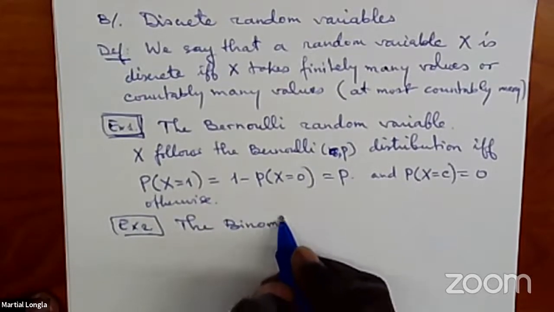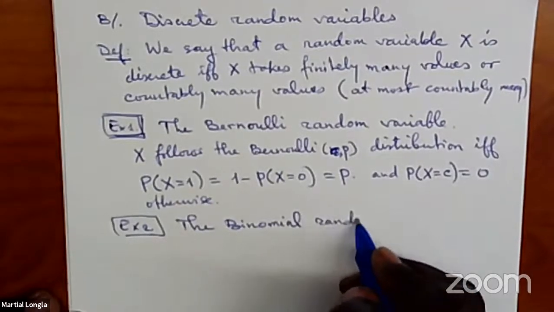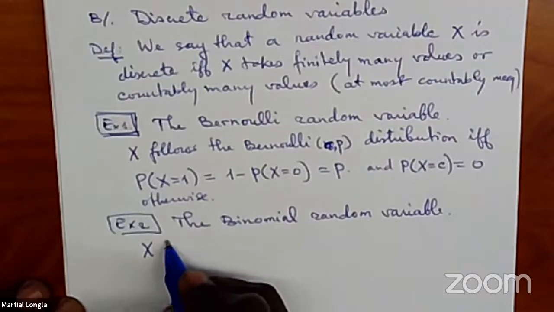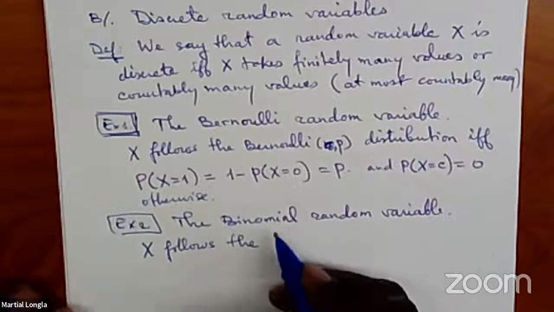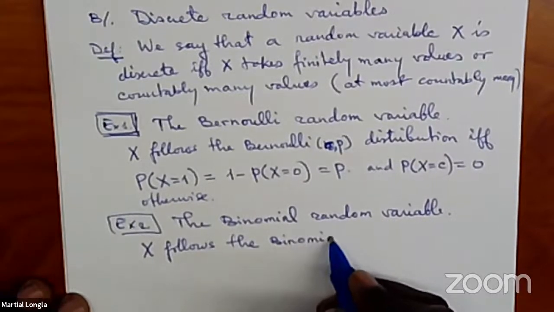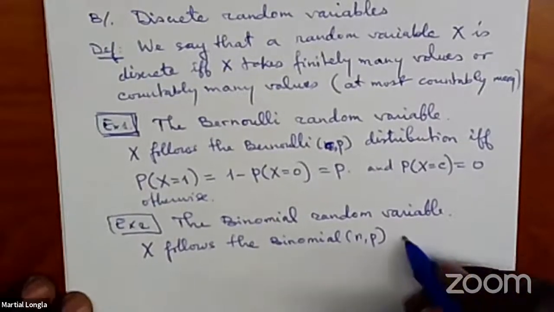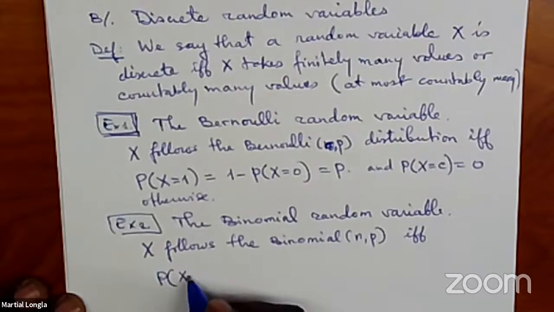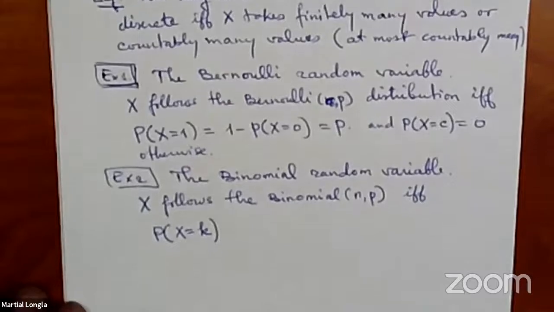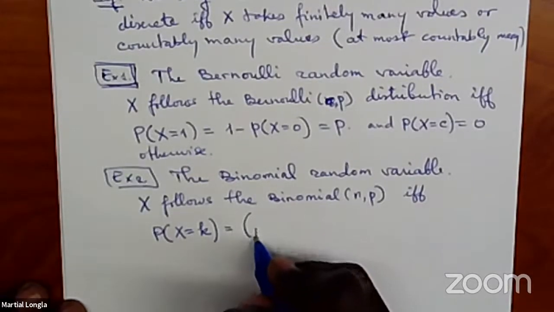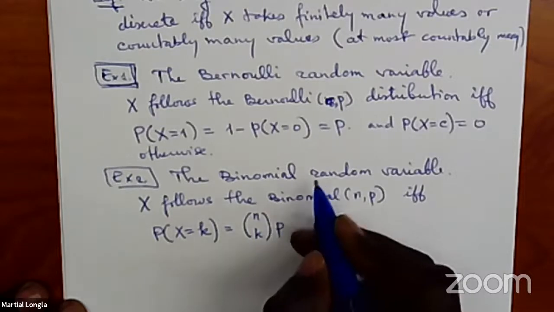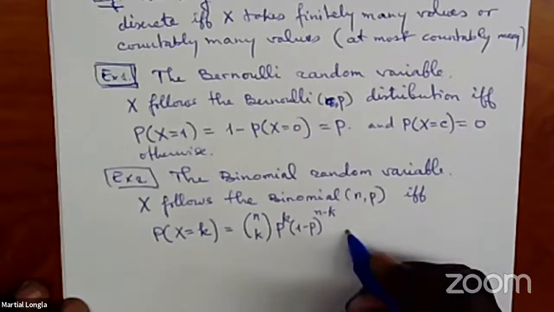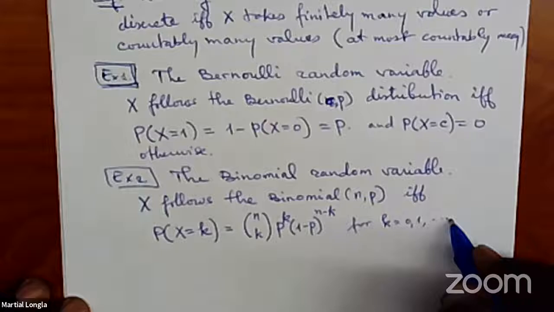Binomial random variable. So we say that X follows, and this is where the n comes in, binomial distribution with parameters n and p, if and only if the probability that X is equal to k is equal to n choose k, times p to the power k, times 1 minus p to the power n minus k, for k equals 0, 1, all the way to n.